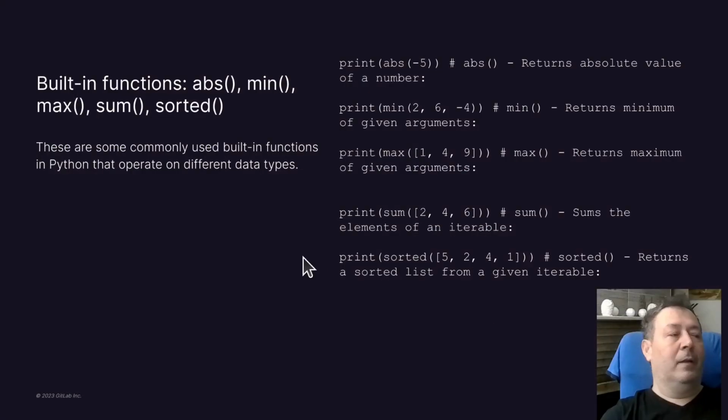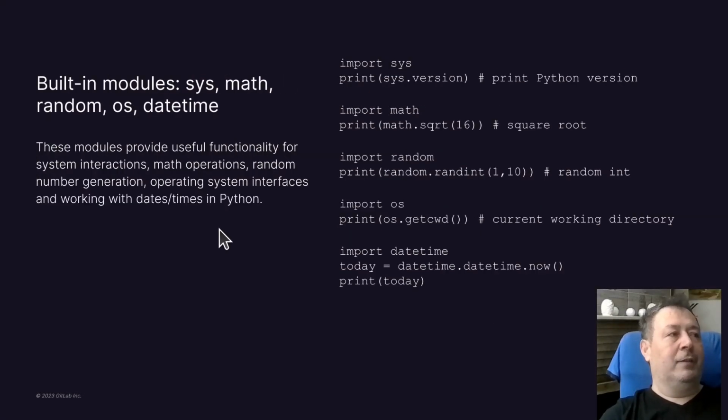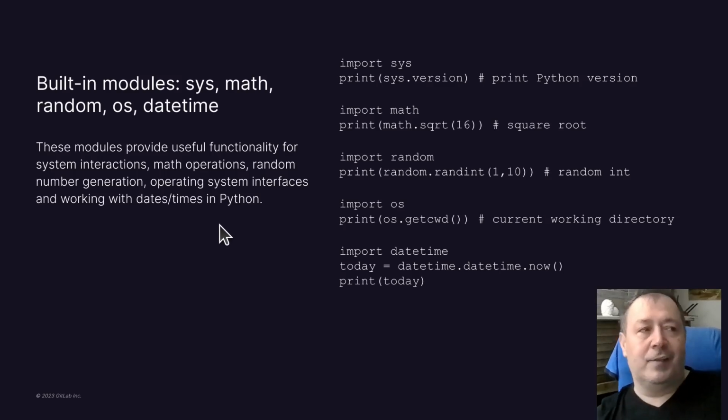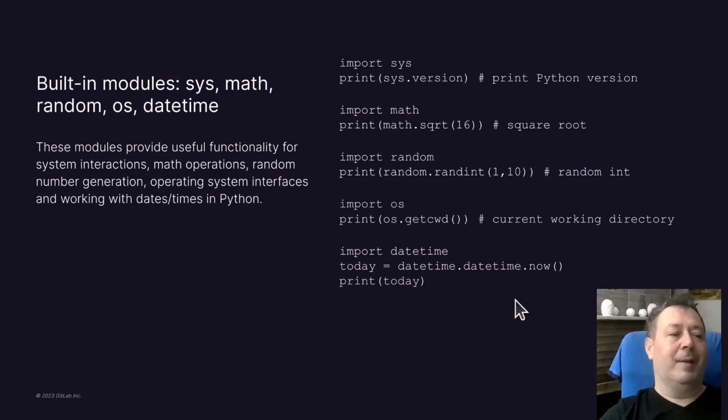Okay, let's go to my presentation. So let's check some built-in modules in Python. So modules provide useful functionality for system interactions, math operations, random number generation, and interfacing with the operating system, etc. So let's do some examples here.